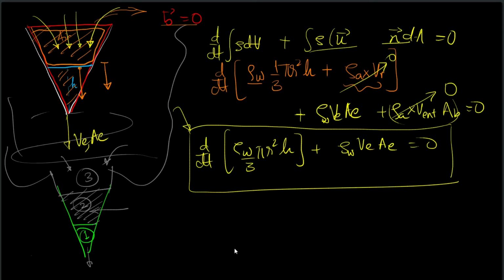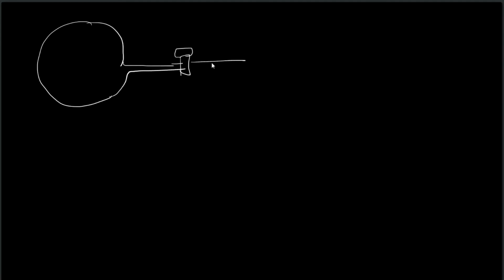Let us consider a problem in which the density changes. The problem statement is as follows. There is a vessel connected to a pipeline by means of a valve, and the pipeline is carrying some gas at a higher pressure.